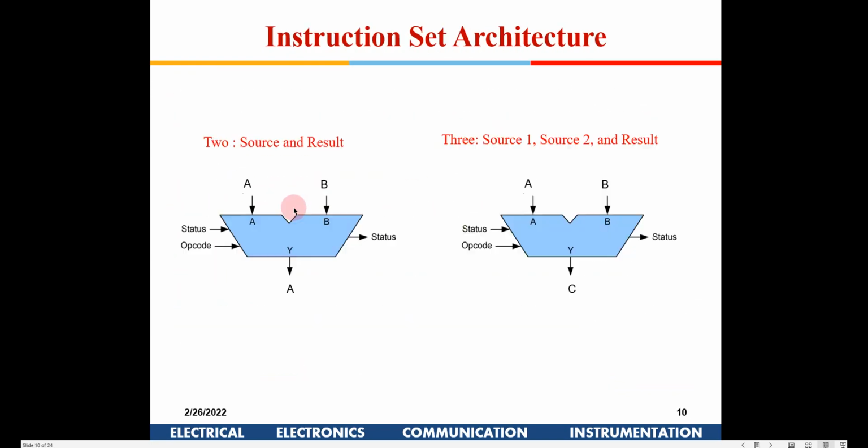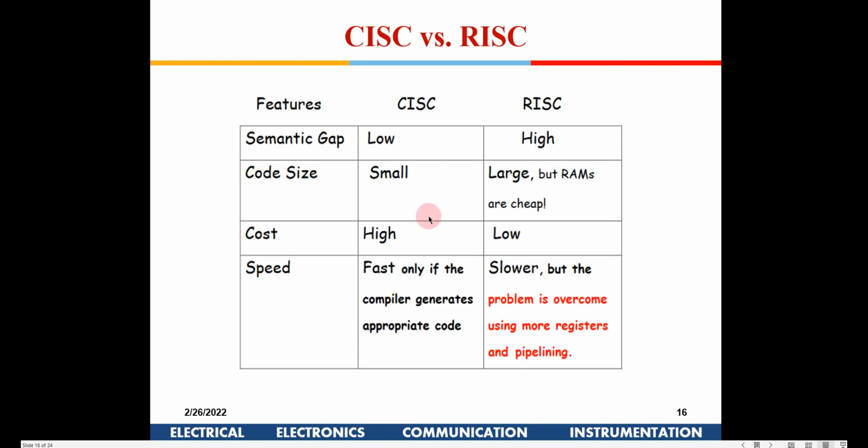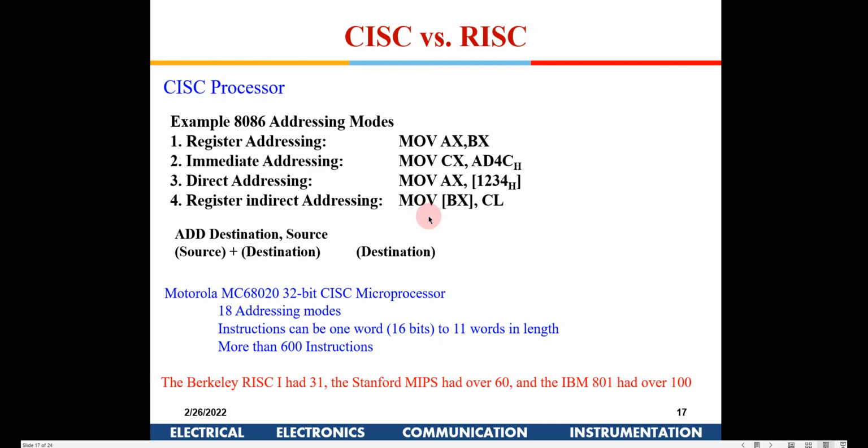Once you give these kinds of commands, the physical address will be generated. Once you write this instruction within the CISC processor, a micro program is running.